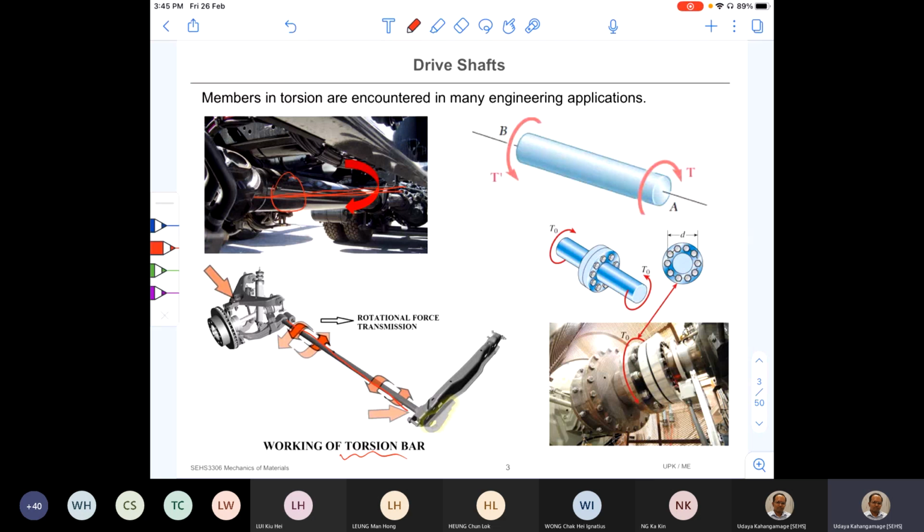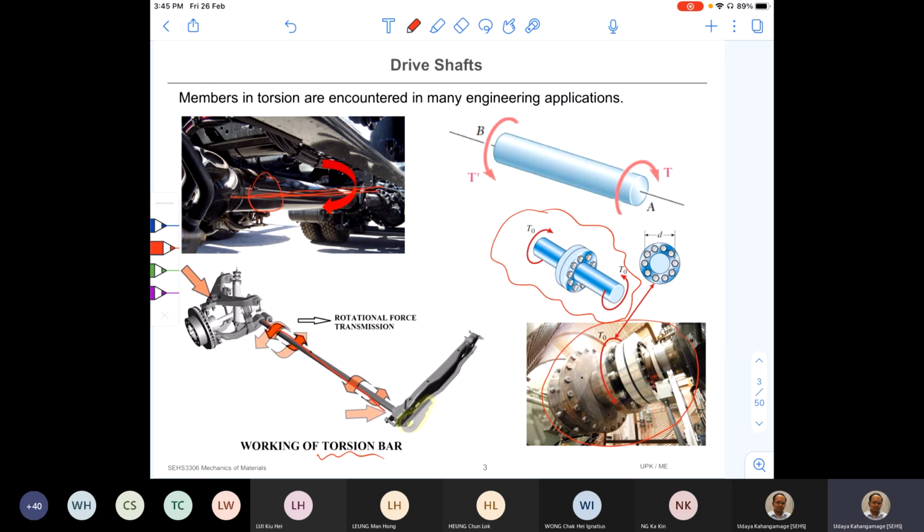And there are some other applications like what you see here, a big machine where the power is transmitted from one unit, maybe the motor, to the driven unit through a shaft like this. This is actually called a coupling, a flange coupling. And one is a driving shaft, the other one is a driven shaft. And both are subjected to torsion.